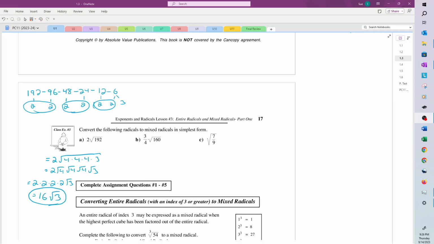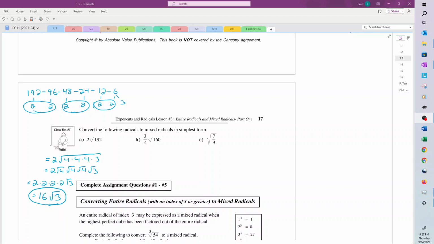All right, I have done example A. I prime factorized it, and then I saw that there's a 4 and a 4 and a 4 and a 3, so I wrote that up, and then I simplified it, and I got 16 root 3. I just wanted to do this example live.